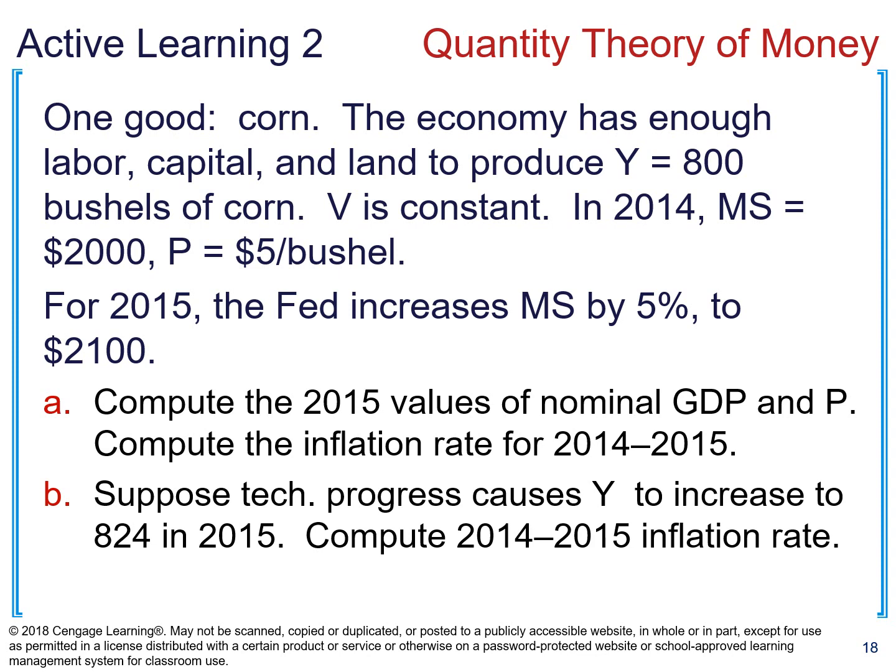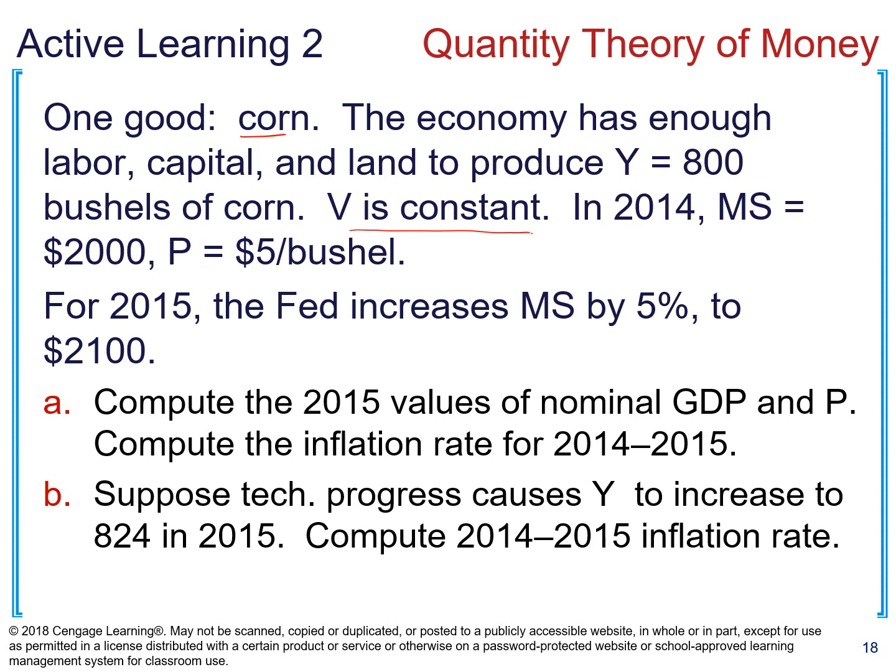So one more example here: let's say we have corn. The economy has enough labor, capital, and land to produce, let's say, Y equals 800 bushels of corn. Well, the economy produces that much, right? Velocity is constant. In that year, the money supply is 2,000, and the price is $5 per bushel.